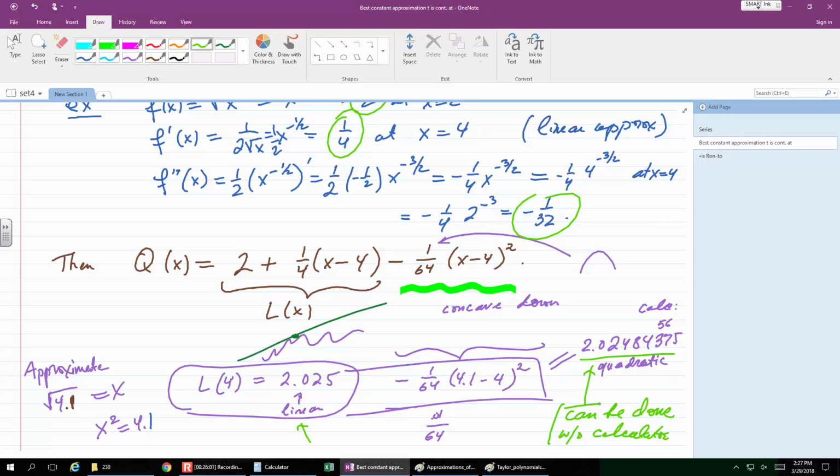Okay, so we are not stopping here, and the idea is to develop this theory into something bigger: approximations of any degree.